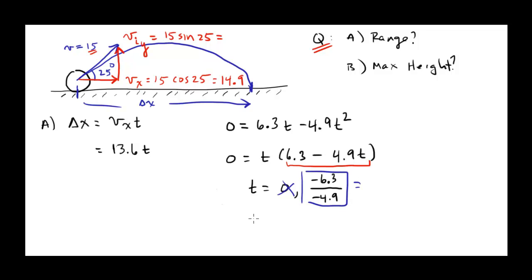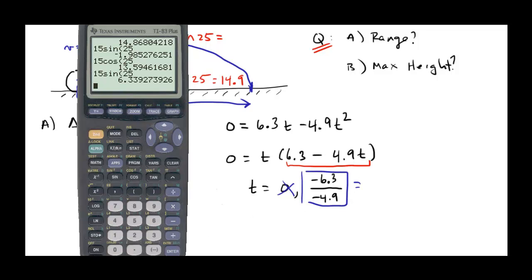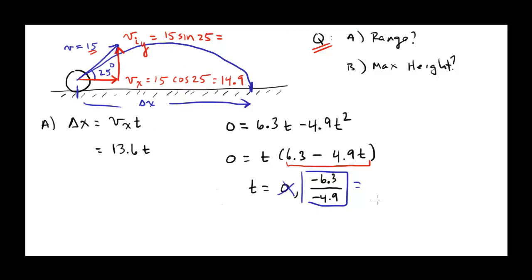So let's figure out what that is. Back to the calculator. I know the negatives go away, so I'm just going to say 6.3 divided by 4.9. So that's 1.28 seconds. Plug that in over here. 13.6 times 1.28.